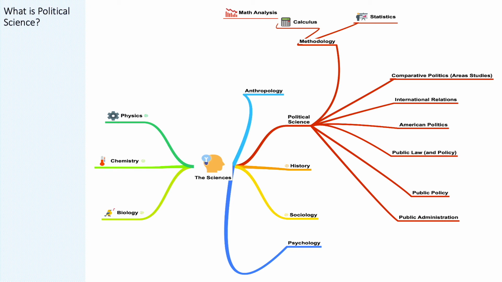How successful has political science been since it emerged as a separate discipline approximately 112 years ago, I think. 1908 is when the American Political Science Association was founded. So American politics and political science in general is actually a relatively new discipline.